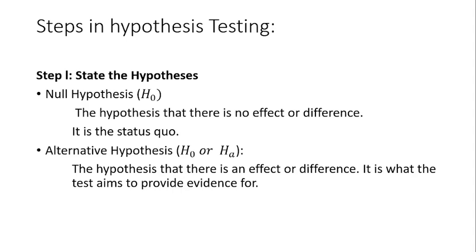For example, this type of analysis is also used in the court of law. Somebody took you to court and is pressing a claim that you have committed some crime or some offense. So the status quo is that you have not committed any offense. That is the null hypothesis, because in the court of law, one is always innocent until proven guilty.